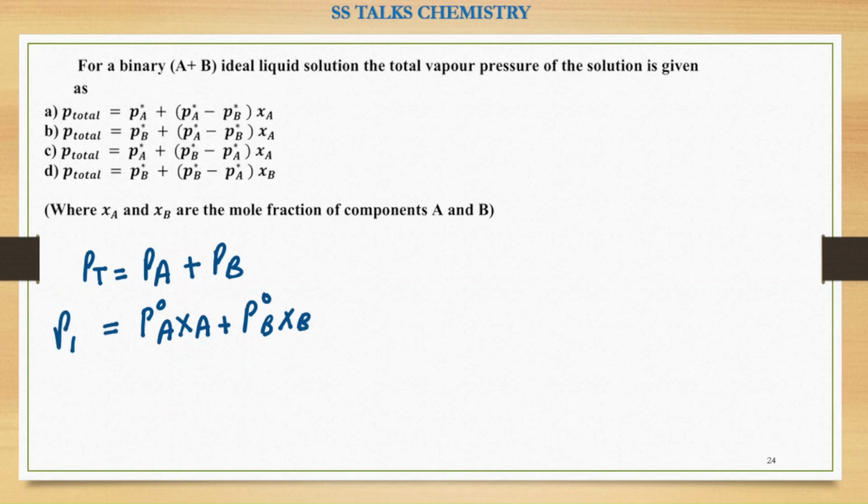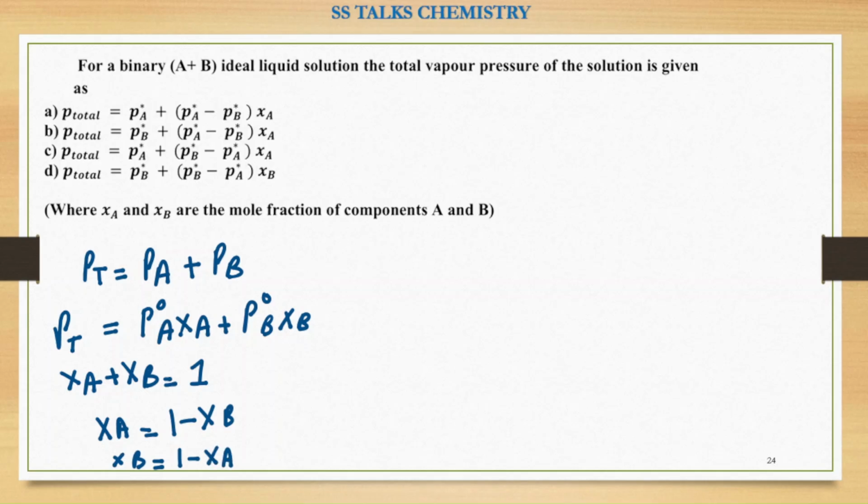Now XA plus XB, the mole fraction sum, will be equal to unity. We can either write in terms of XA or in terms of XB. So XA is going to be 1 minus XB, or we can write XB is equal to 1 minus XA. Either of the terms you can use. Just make sure that in the final expression it should be either XB or XA.